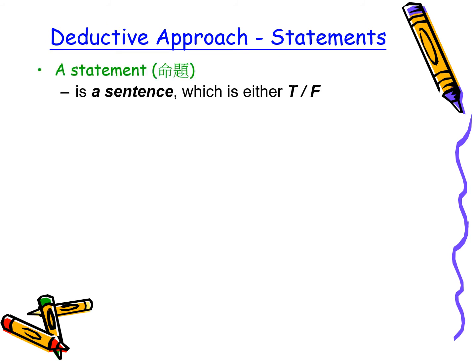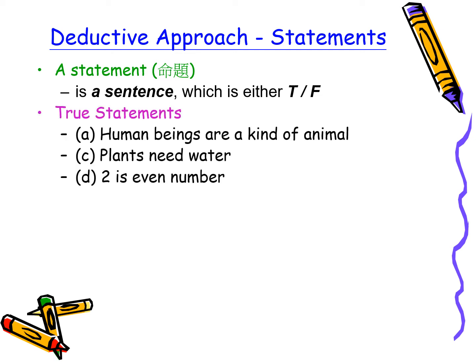In mathematics, we will call a sentence a statement, which is either a true or false sentence. From the previous sentences, we can see that for A, C, D, these 3 sentences are true, so we call these true statements.